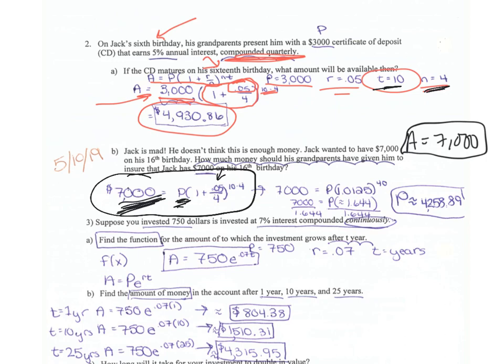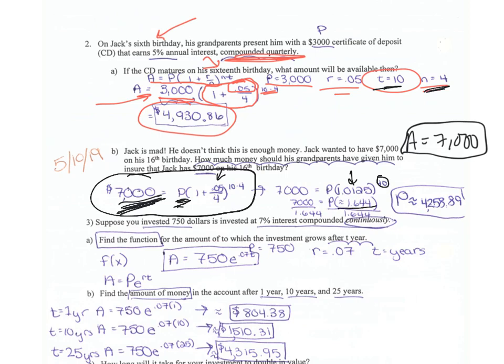So first, if it's P times a quantity, we know we have to do 10 times 4, which is 40. We'd have to do 1.0125 raised to the 40th, which is about 1.644.